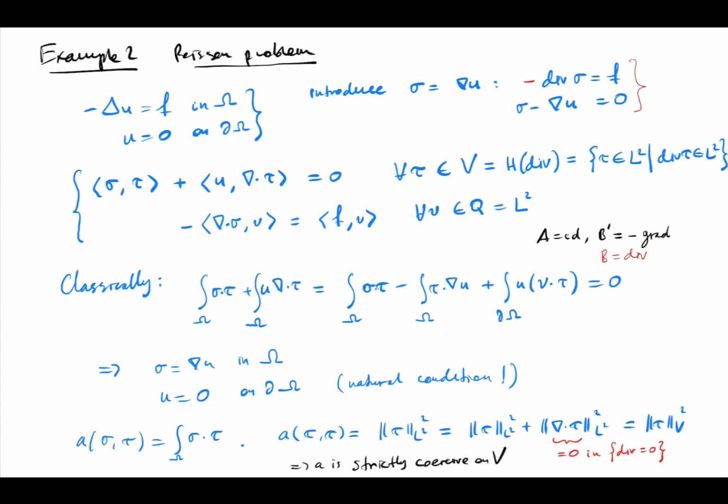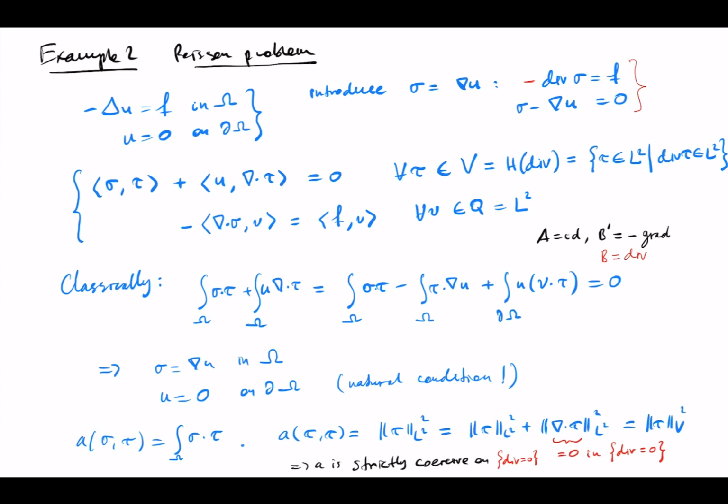In the divergence-free space, we can just add this term for free, so the L2 norm of tau is equal to the V norm of tau. So we have strict coercivity not on V, but on the divergence-free space, or the kernel of B. That's what we want.